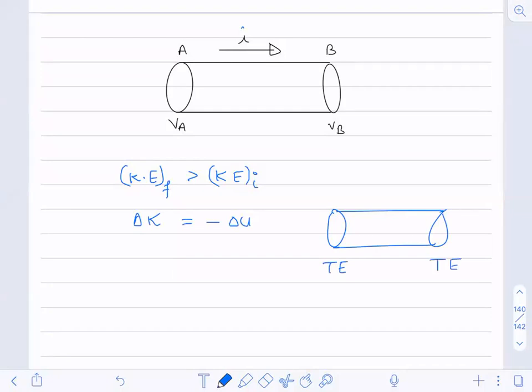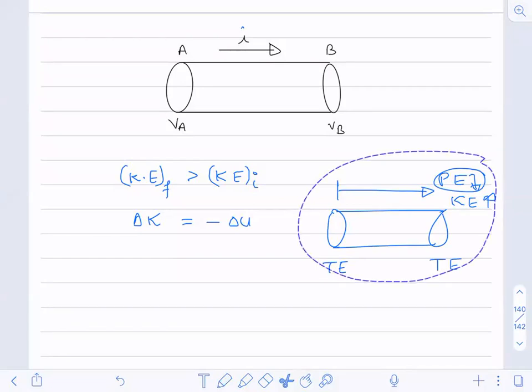From here to here, if potential energy is decreasing, kinetic energy must be increasing, because energy has to be constant. That's why I have written that. You should understand all these things.